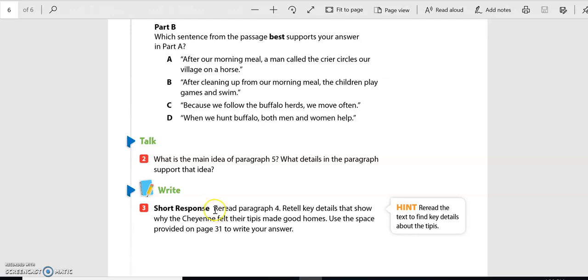Okay, so our short response prompt says to reread paragraph 4. Retell key details that show why the Cheyenne felt their teepees made good homes. Use the space provided on page 31 to write your answer.